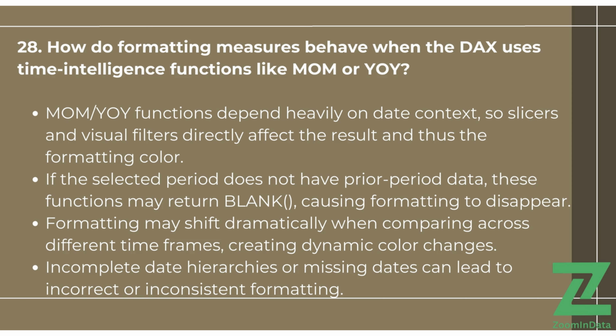If the selected period does not have prior period data, these functions may return blank, causing formatting to disappear. Formatting may shift dramatically when comparing across different time frames, creating dynamic color changes. Incomplete date hierarchies or missing dates can lead to incorrect or inconsistent formatting.